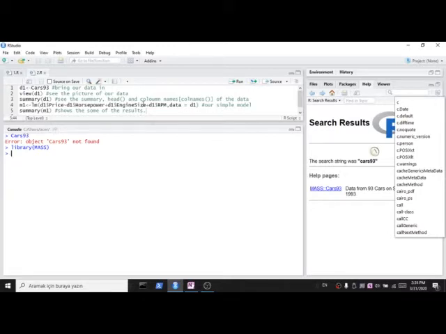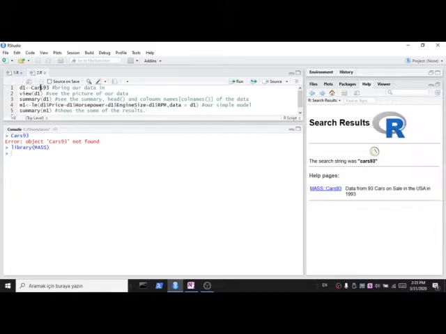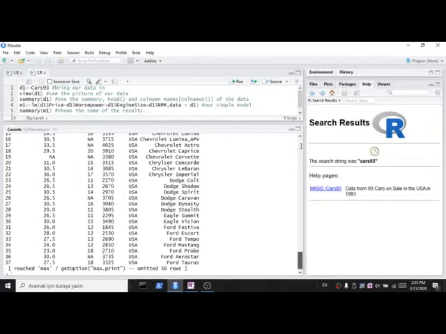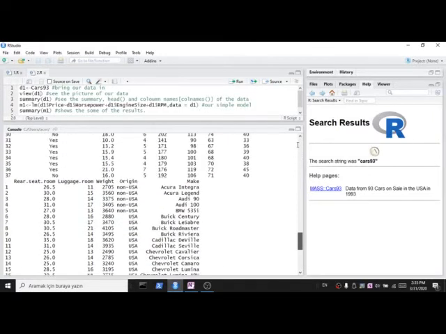let's bring our data in. Let's run this, and let's see what this data is about. Let's see what D1 is. It's a big dataset.